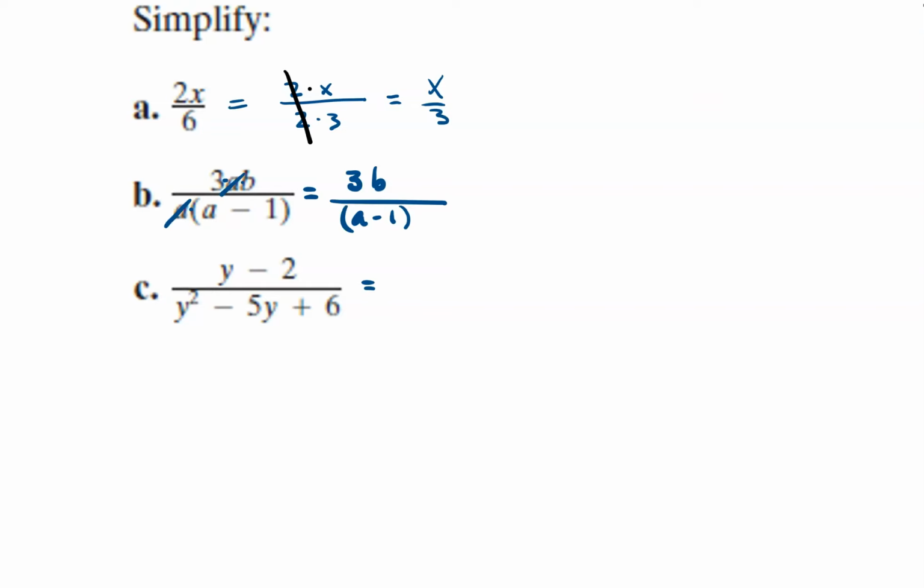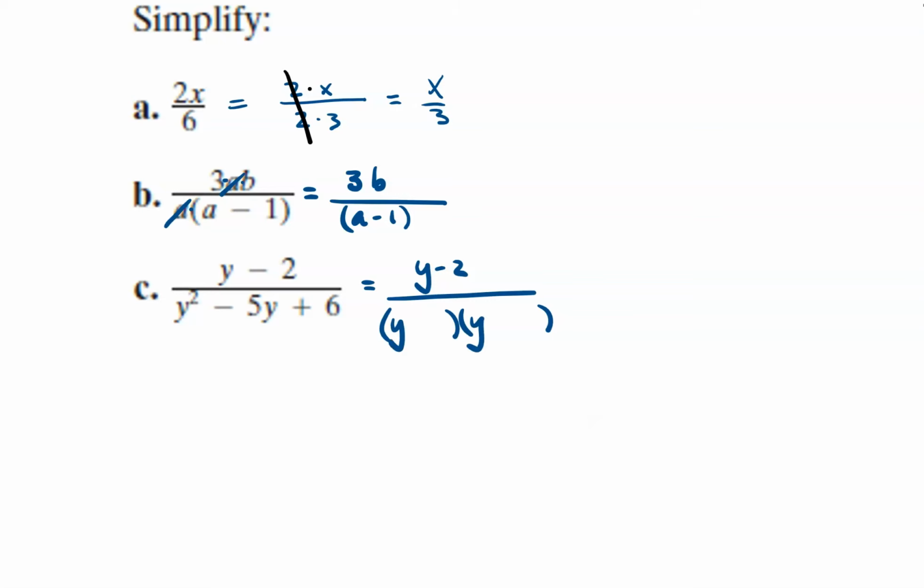Now in part C, we have a y - 2 in the top. Nothing can be factored there. In the denominator, we could use our quadratic formula to find our excluded values, which in turn could help us with our factoring. Or we can note that this is a standard trinomial with a equal to 1.